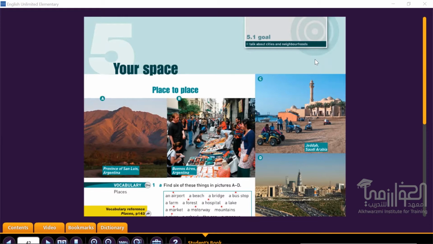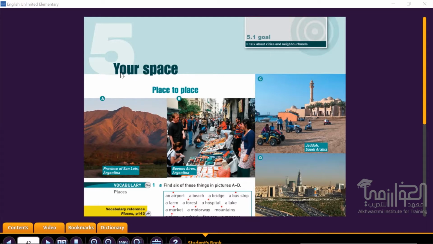Today's lesson is lesson 5, and we are looking at unit 5 of the textbook we are using. The goal for today's lesson is how to talk about cities and neighborhoods. Cities, mudun, and then neighborhoods, the places where we live.